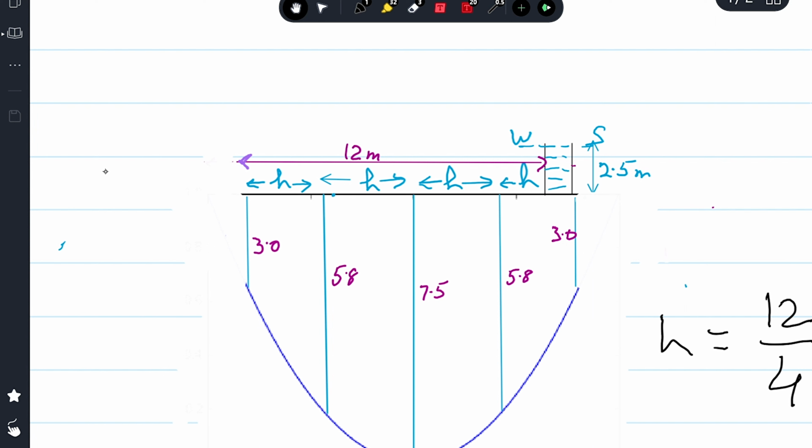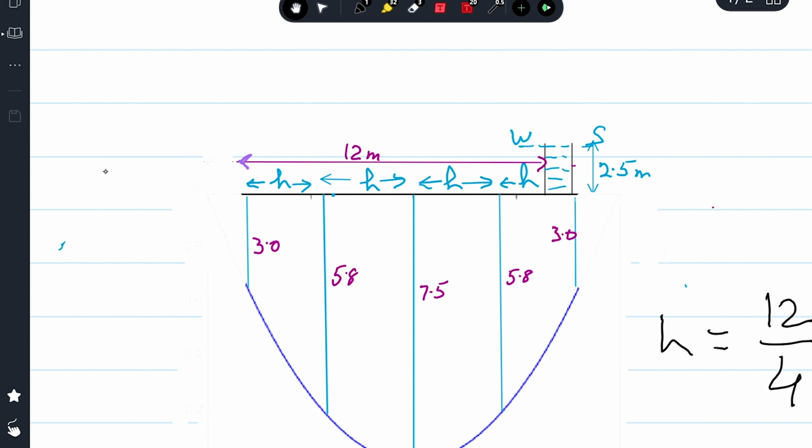You can see that the maximum length of this vertical ordinate is 7.5 meter, which seems to be the height of this bulkhead. Okay, and 7.5 is the middle ordinate and it's the longest ordinate. The others are 5.8 on each side, 3 and 5.8 on each side.